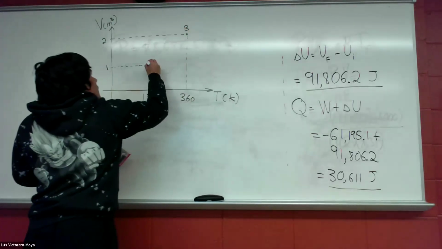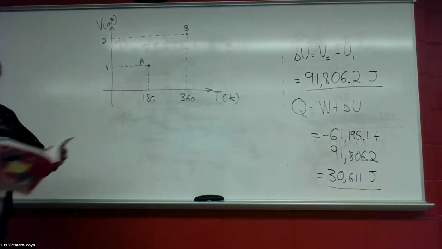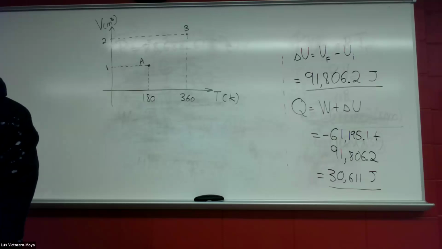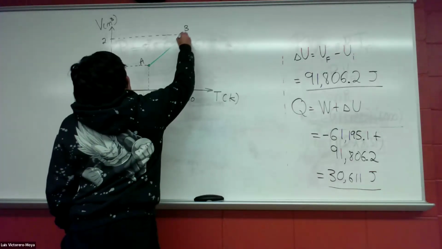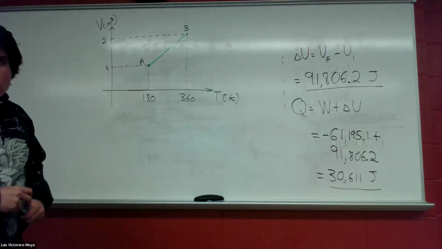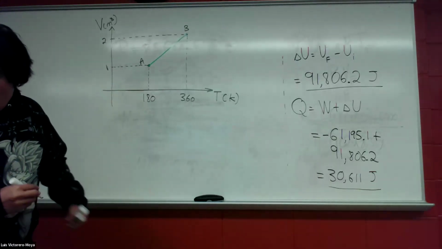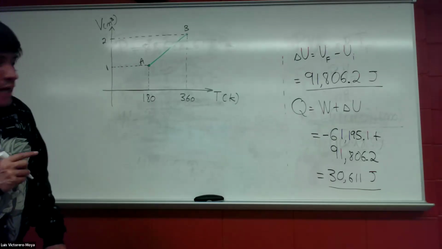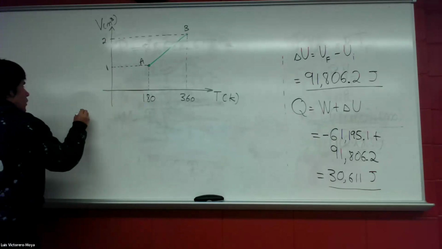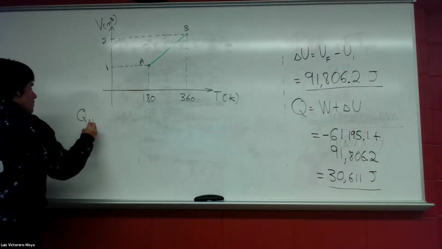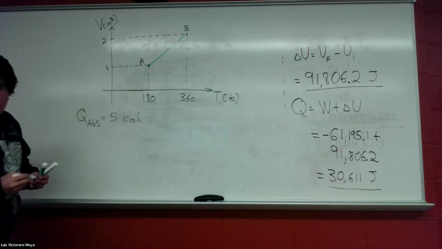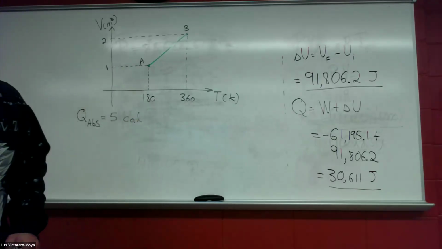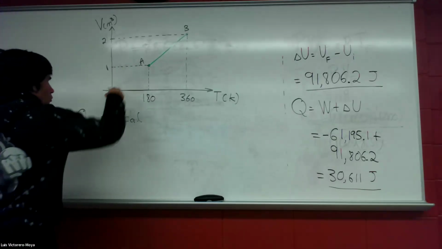This is stage B, stage A, and the gas is going from A to B. And you are being given that during that process, the gas absorbs Q absorbed equal to 5 calories. With that, find the change in internal energy in joules between A and B.